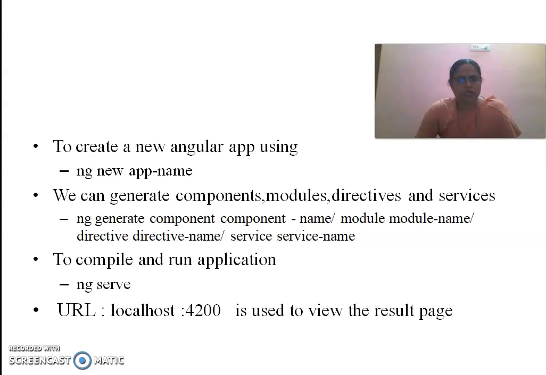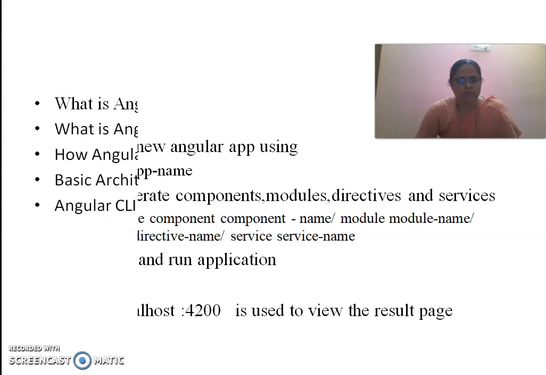We can also generate components, modules, directives and services using the command ng generate component component-name, module module-name, and so on. To compile and run an application, we can use the command ng serve. To view the result page, we can use the URL localhost:4200.